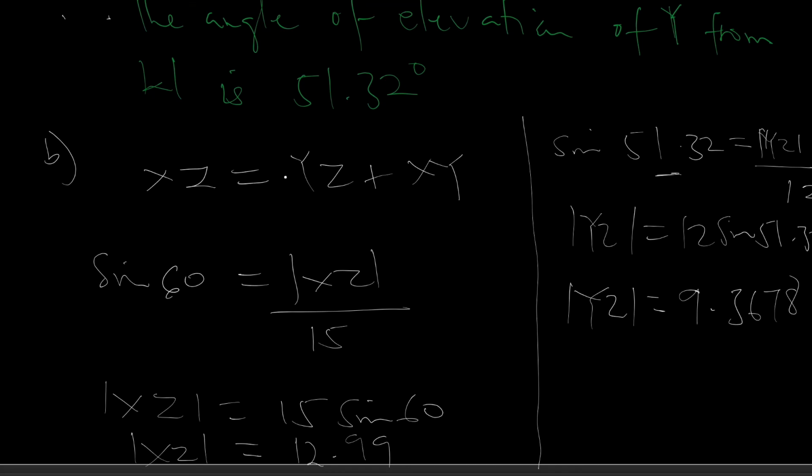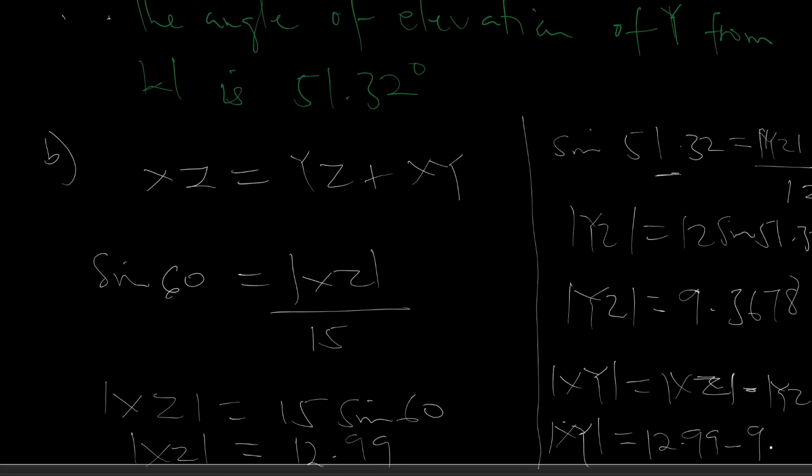And we know that XZ is equal to YZ plus XY, and we are being asked to find XY. So XY is equal to XZ minus YZ. So XY is equal to 12.99 minus 9.3678.